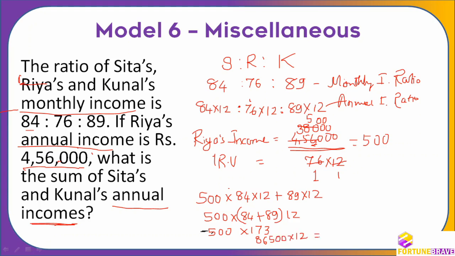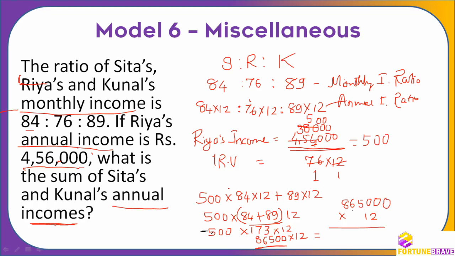If you do, you will get the answer. So that will be 865 double zeros, into 12. So 12 months. So this is the sum of 1 month of both of them, if you understand. Okay, into 12 we have to do. So into 12 will be what?